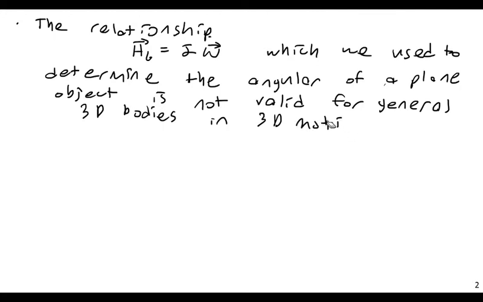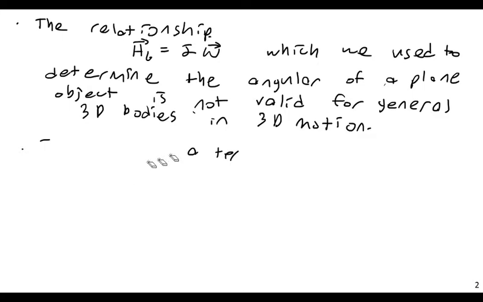When you start having multiple axes that something can rotate around, things become much more complicated. So the current chapter is concerned with evaluation of the angular momentum and its rate of change for 3-dimensional motion and its application to effective forces, the impulse momentum, and the work energy system.